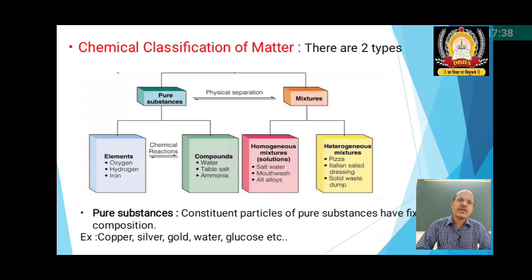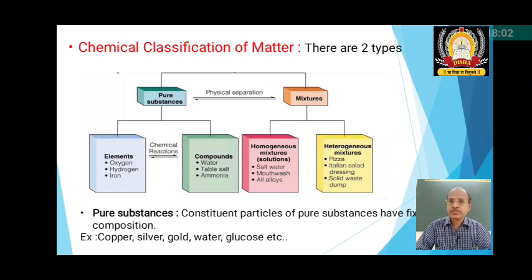For example, copper, which is made up of copper atoms, silver, gold, water. In water you will find two hydrogen atoms with one oxygen atom. It is always fixed. Whenever you take water, you will get two hydrogen atoms and one oxygen atom.